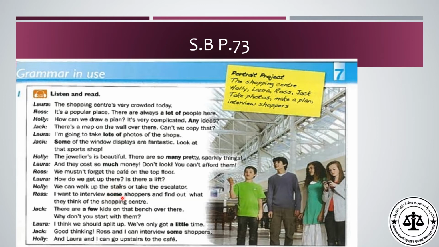Some comes with countable or uncountable nouns, meaning a few, and find out what they think of the shopping center. There are a few kids on the bench over there. Bench means seat. A few kids. A few comes with countable nouns. Kids is a countable noun. Yes. And it expresses that there are a few of the kids.